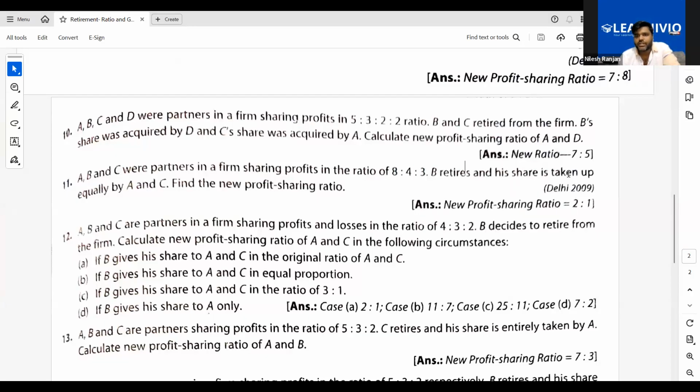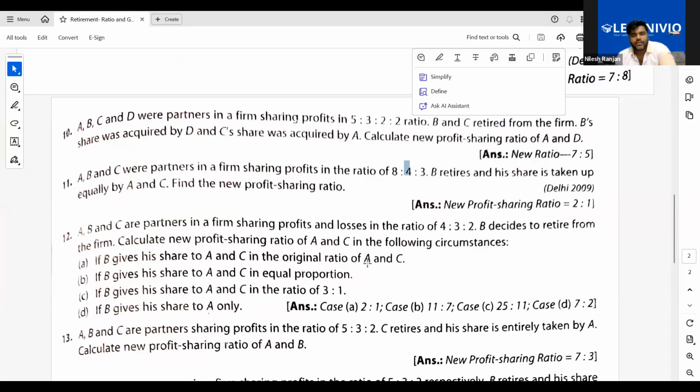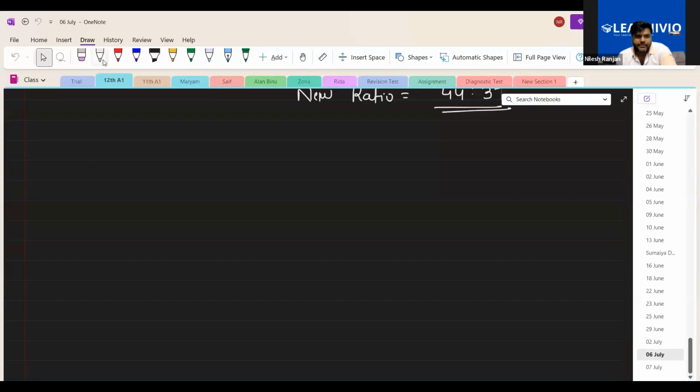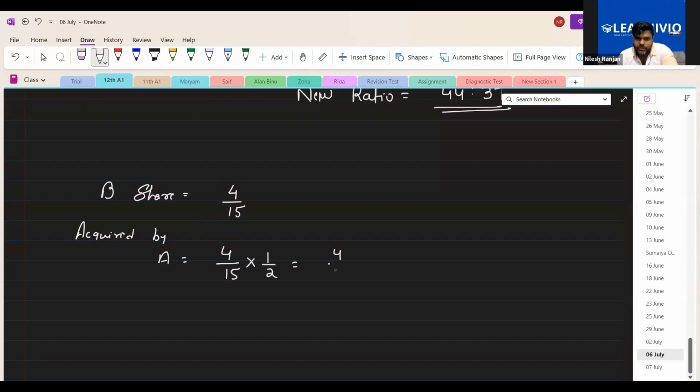B retires and his share is taken up equally by A and C. So B's share is 4 by 15, which is equally taken over by A and C. Acquired by A, 4 by 15 into 1 by 2, so it will be 4 by 30.